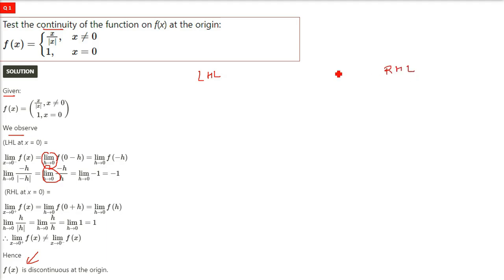And what is the left hand limit? Because it's the origin, x is equal to 0. So when x is equal to 0, we just go on the left hand side a very tiny bit, that is h. We just go a distance ahead of 0.